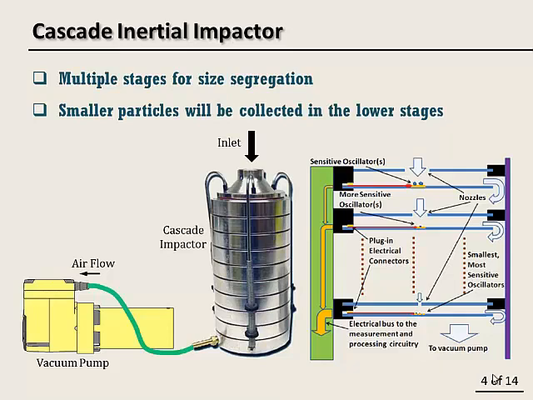Particles with larger diameters will be collected on the higher stages, while smaller particles will remain airborne and go to the successive stages and will be collected according to their diameter size. The main bottleneck for such systems is that they are not capable of real-time measurements.